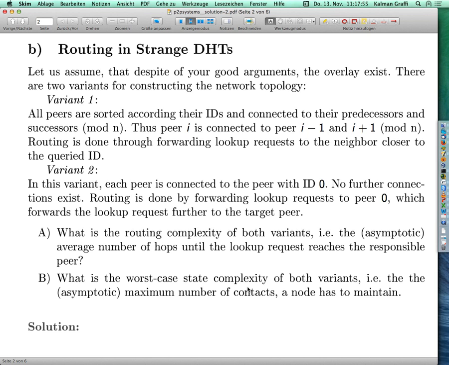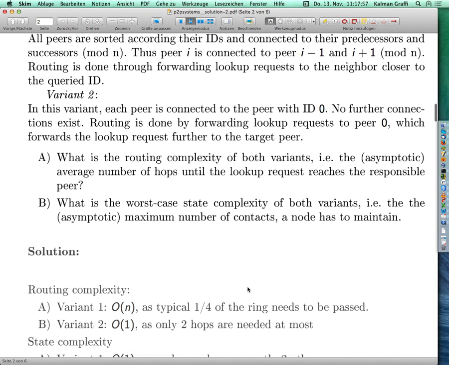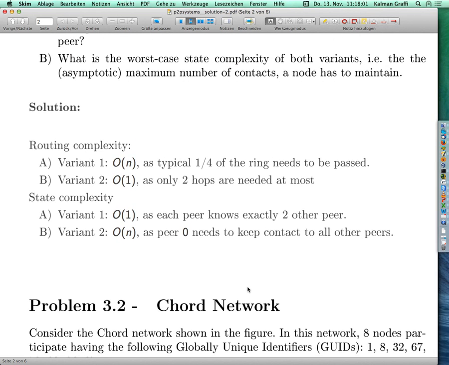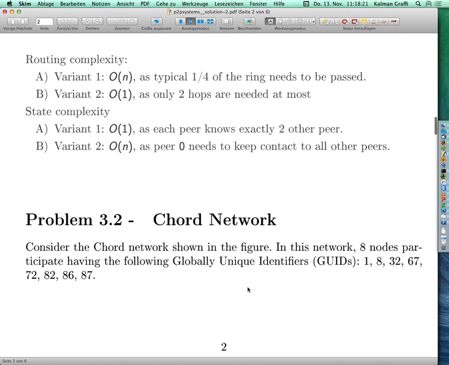So these are the two observations. In the first case we have, in the worst case, not to traverse n hops, because we could route in both directions, maybe think of something clever, but O of n, and O of 1 for the state, and the second one quite the other way around.